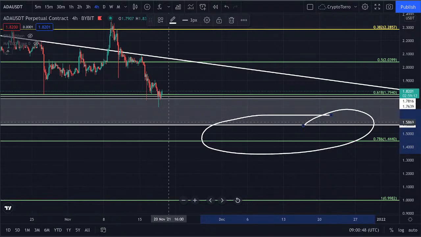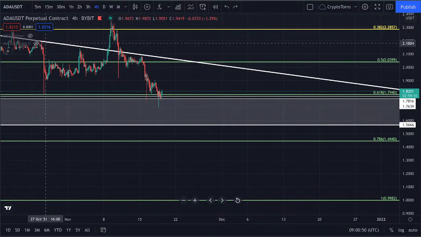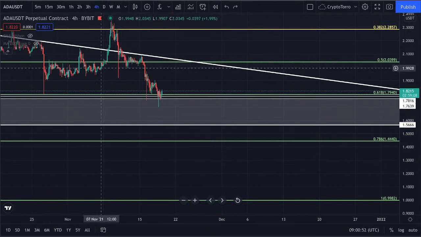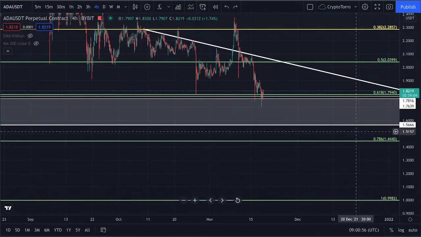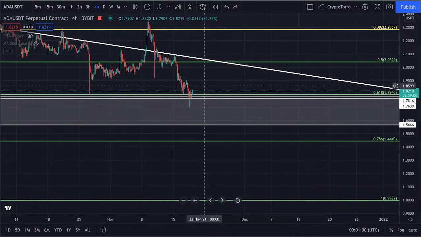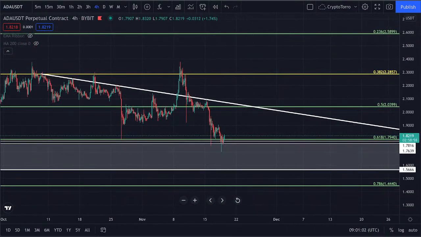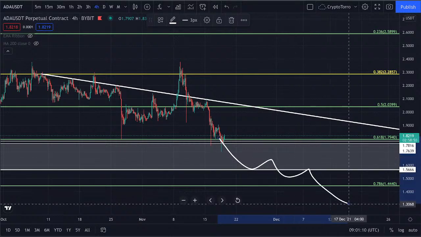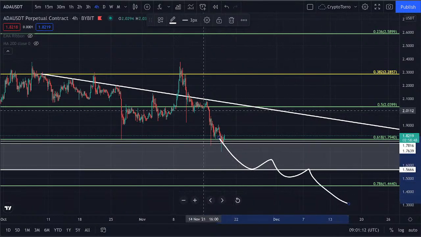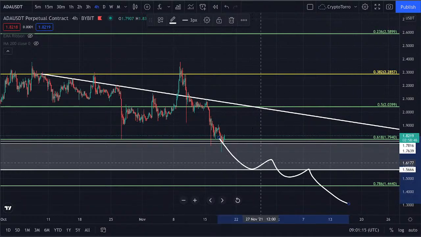If we break down below this range, it is very likely that we are going to see even further continuation towards the downside, perhaps heading towards that $1.44 range and even further towards the 99 cents range at $1 exactly. So absolutely not something I think will occur, but I'm just saying that if we do break down below the $1.56 range, further continuation of movement towards the downside or decline in price action is actually very likely.